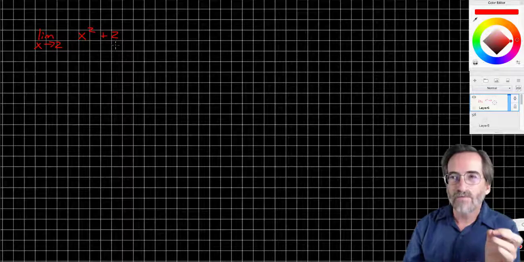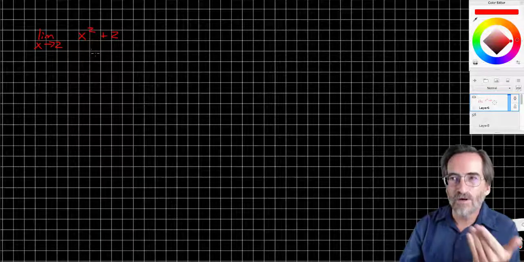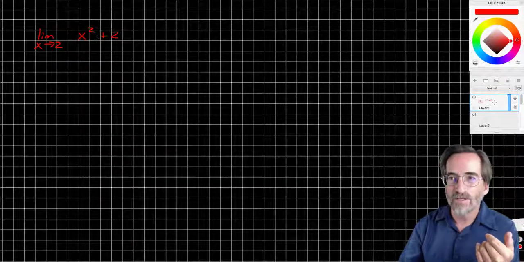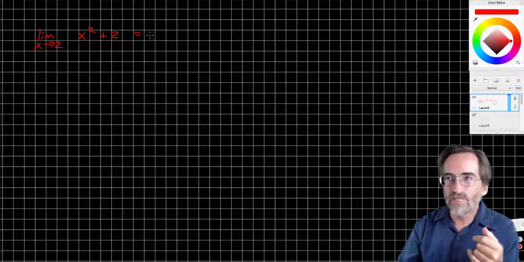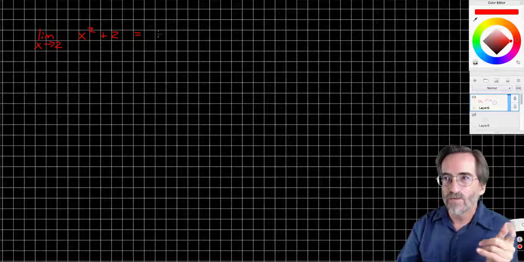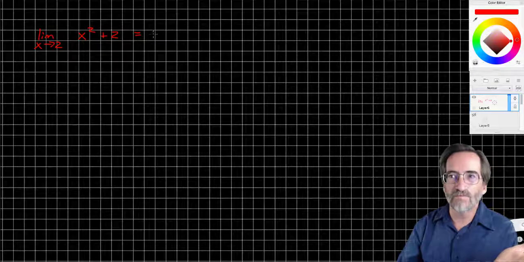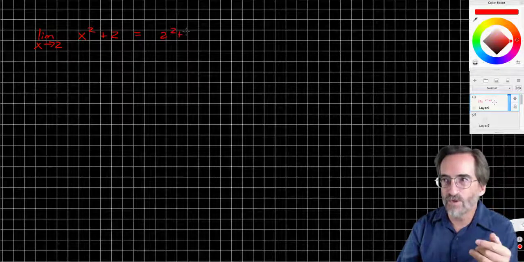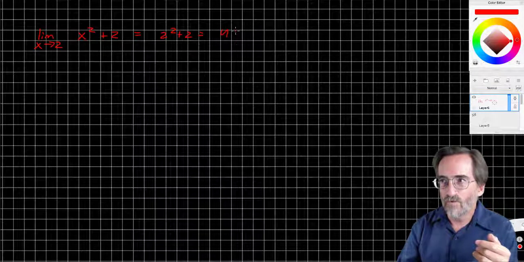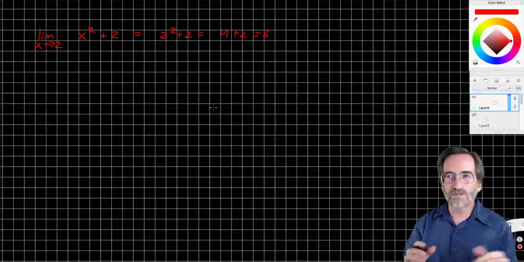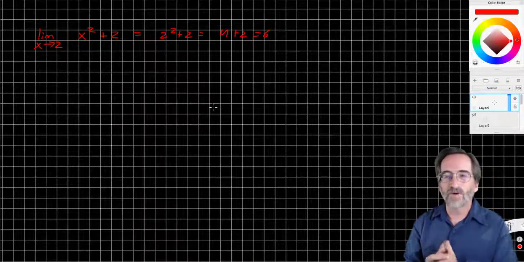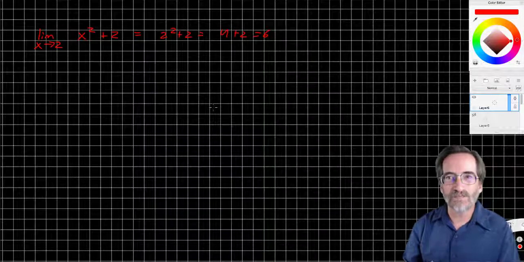If it's continuous and there are no gaps and no holes in it, then we can simply find it by direct substitution. The limit as x approaches 2 of x squared plus 2 is 2 squared plus 2, or 4 plus 2, or 6. As x approaches 2, the function value approaches 6.